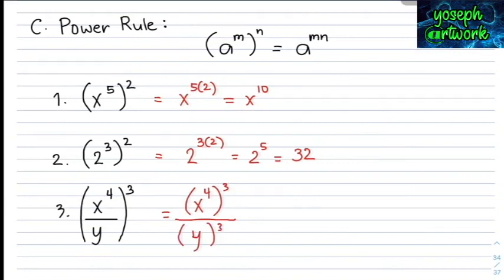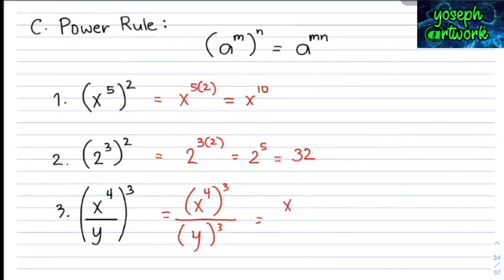And then, applying the power rule, you can multiply the exponents of your numerator and your denominator, which is equal to x raised to 4 times 3 over y raised to 1 times 3.